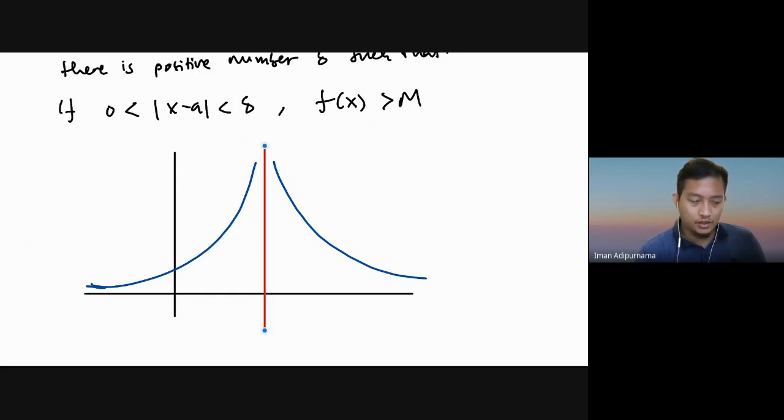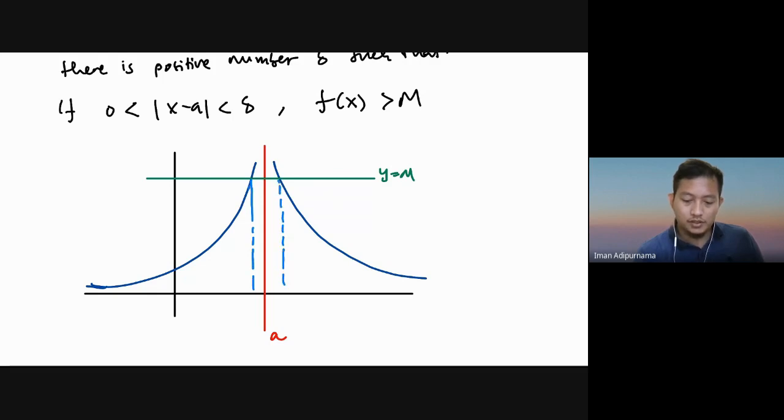Let's say we have y equal m here, and we have the asymptote x equal a here, right? What m actually is, we have some distance here.